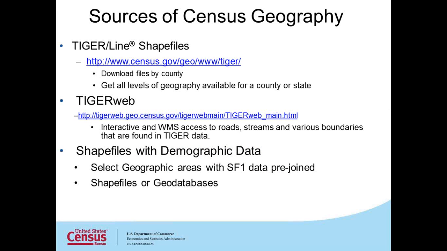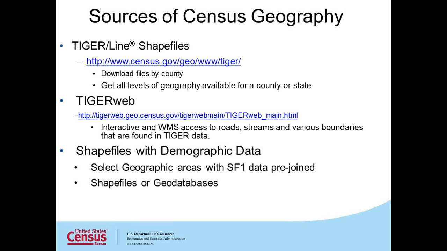So, I want to talk about where to get the Tiger data. We abbreviate the definition of the whole series of products related to Tiger. I say just Tiger, but really I should be calling them MAF/TIGER and TIGER/Line shapefiles and TIGER/Line geodatabases.